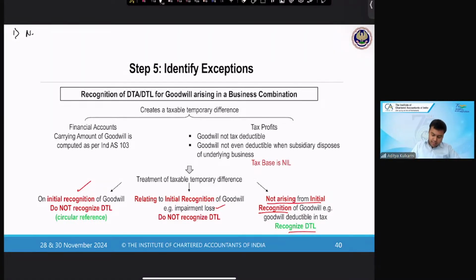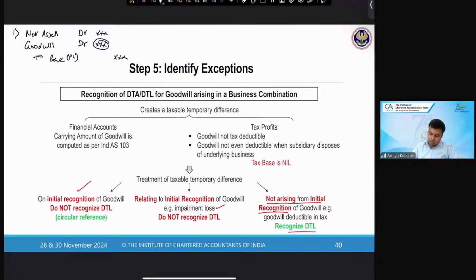You take over the net assets of the entity while consolidating. You would have made a payment, purchase consideration. Payment would be extra than what you got. So this gives rise to goodwill.